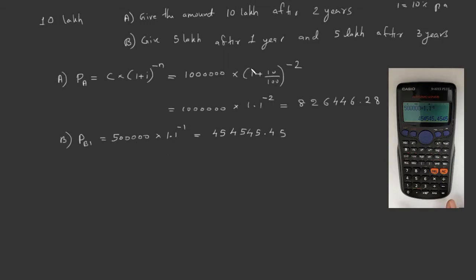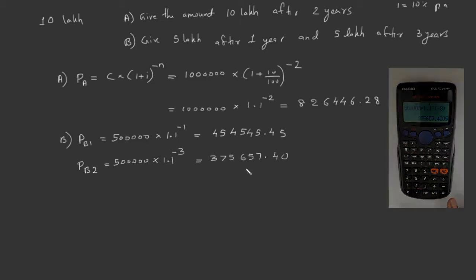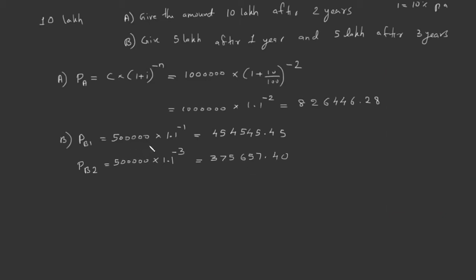In the second part, I need to calculate the present value of the 5 lakh that will be given after 3 years. So I write PB2 is equal to 5 lakh into 1.1 the whole raised to minus 3. Why? Because it will be given after 3 years. So the value is calculated as 375657.40.